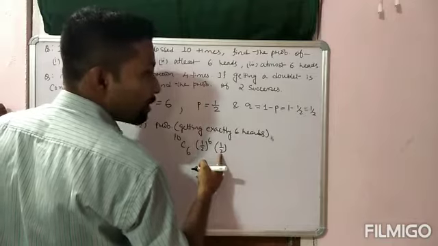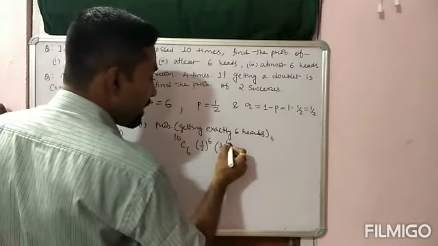And q to the power what? n minus r, so 10 minus 6, that is 4.